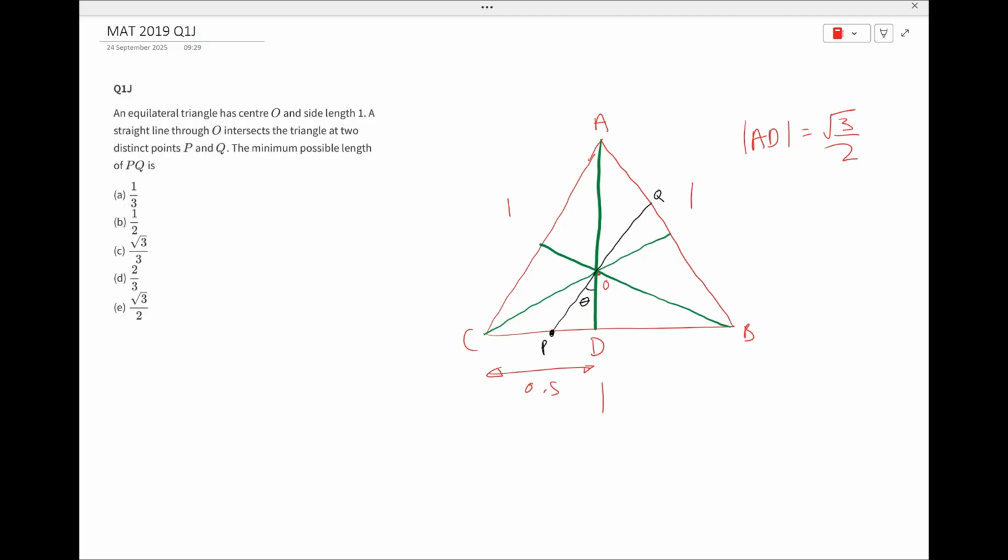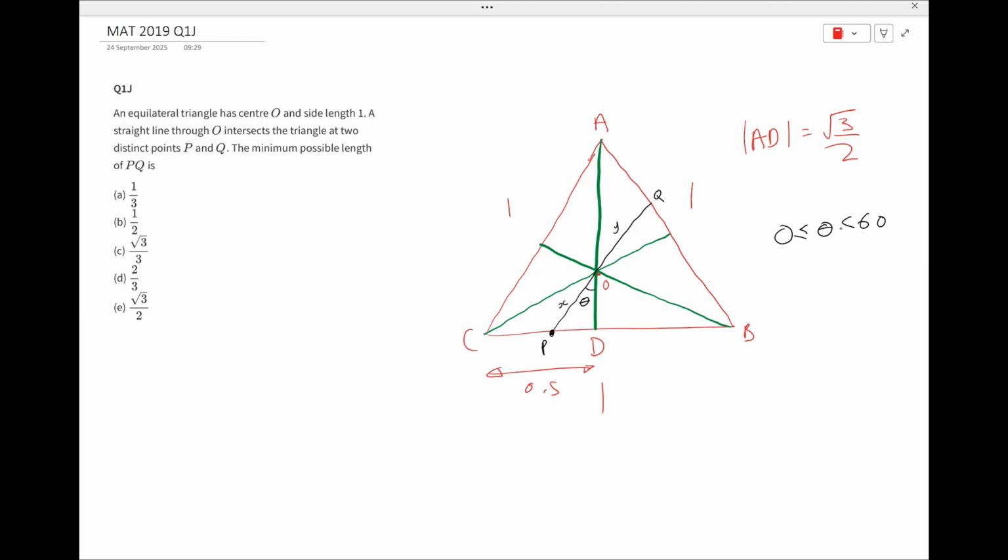If we're considering PO to be, say, X and OQ to be Y, what we're really interested in is what they are as functions of theta, because it's easy to visualize theta moving as this line POQ rotates around O. Of course, the minimum theta can be is 0, and the maximum it can be is 60, although we say less than 60, because at 60 it's just the same as at 0.